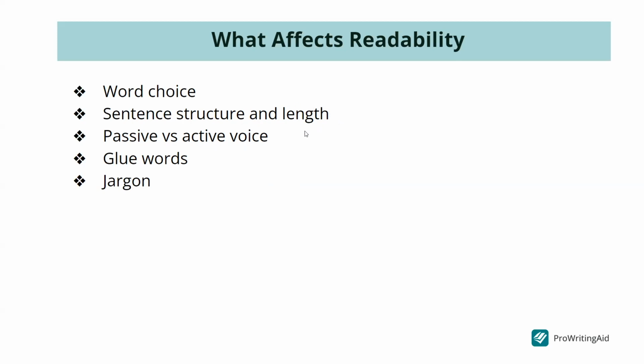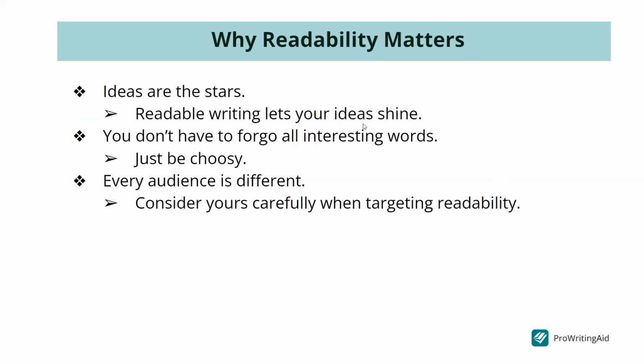But in general, if you are using too many long, complex sentences, the readability is going to be affected. If you're using too many flowery words, your readability is going to be affected. That doesn't mean that you can't use them. It means be choosy and intersperse them with simpler language and simpler sentences to enhance the overall readability of your document.